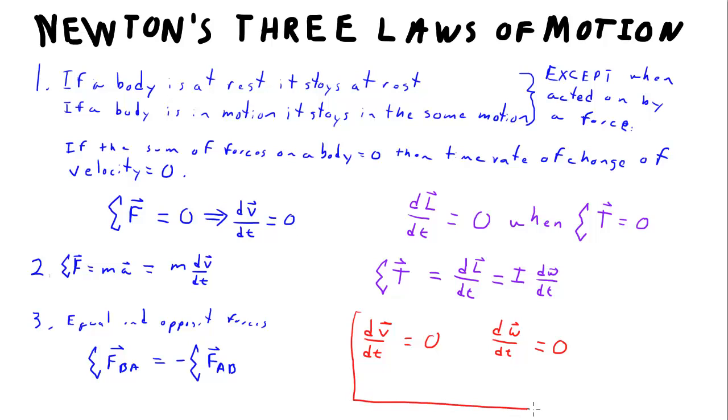And I'm going to leave a little extra space. If we go back and look right here, we recognize that if dv/dt equals 0, then the sum of forces equals 0. So all we're going to deal with is this, the sum of forces equal to 0. If d omega/dt equals 0, then the sum of the torques equals 0.